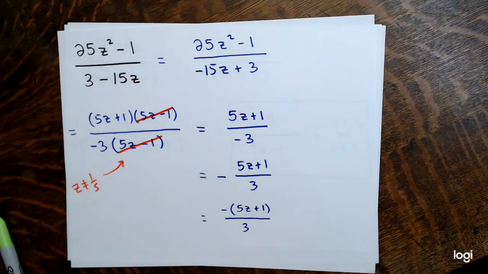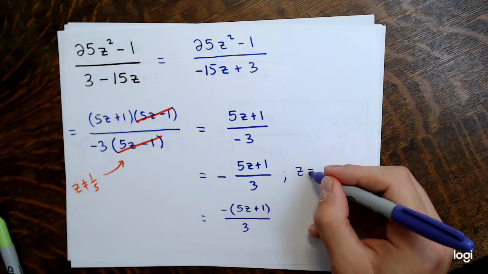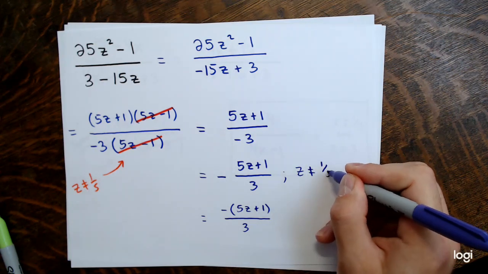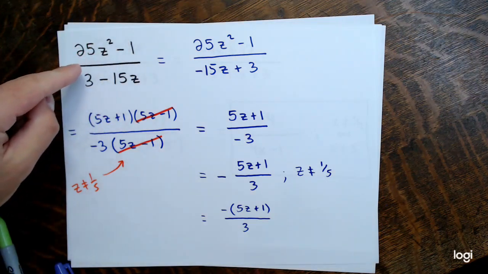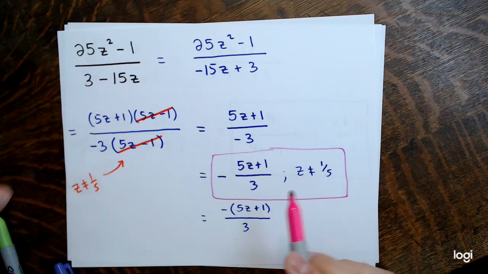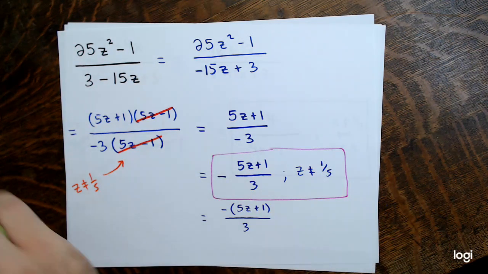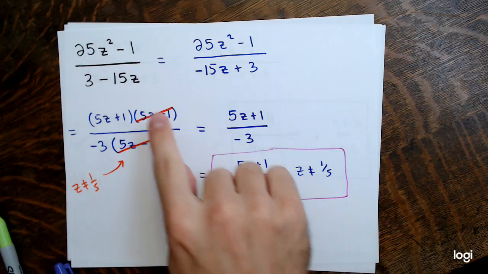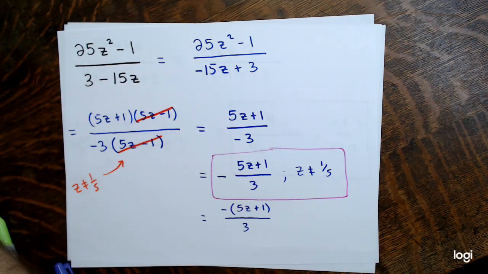You can write it that way as well. Again, I prefer this second way. So I'm going to say that this 25z squared minus 1 divided by 3 minus 15z simplifies to the opposite of 5z plus 1 divided by 3, and again they're only going to be equal as long as z is not 1/5.